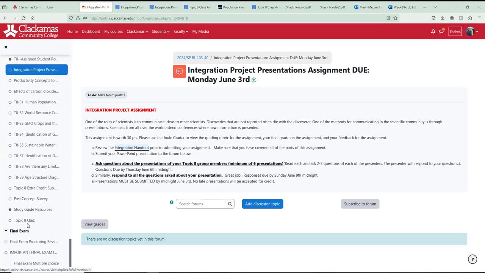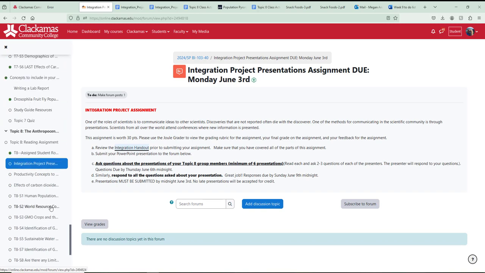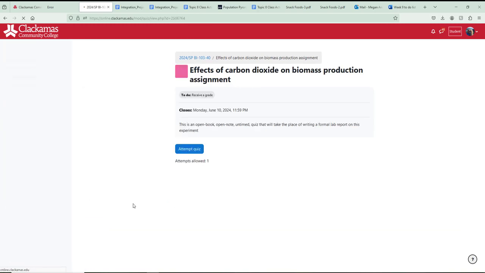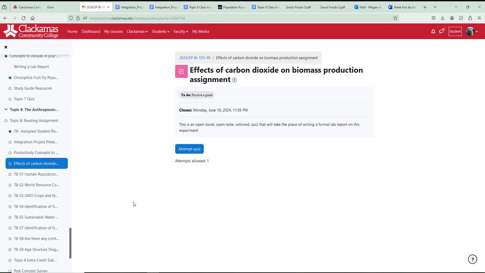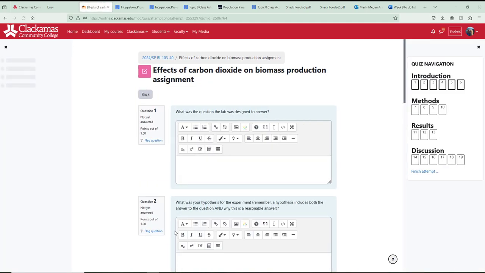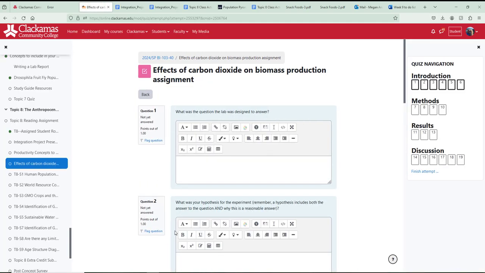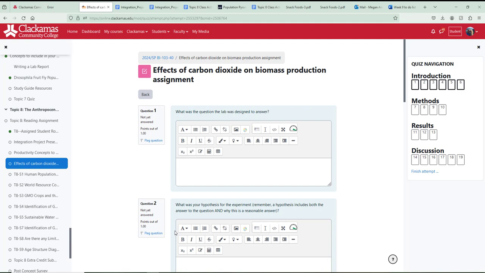To make it a little bit easier on both you and me, we've set it up more as a quiz than a formal lab report. This is what you're going to get. It's not timed, so take as long as you want. But it's still a 30-point assignment, just like your formal lab report.